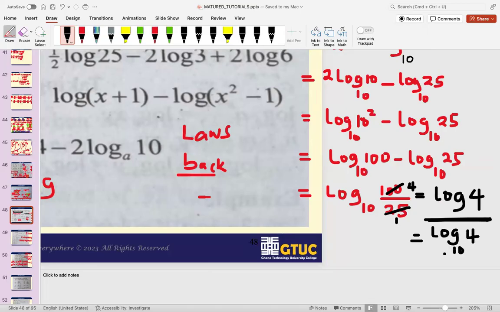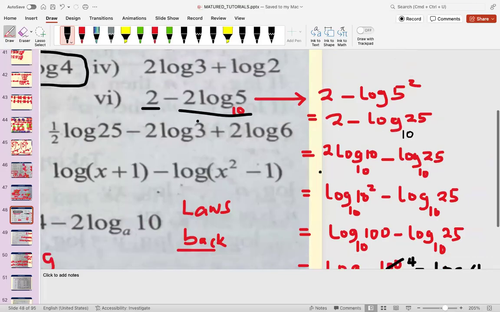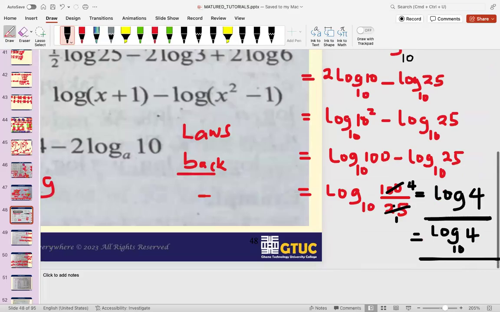It's not 2 log 2. Remember I told you that when there is no number here, it is base 10. But sir, can't you convert 2 log 2 to the 4?